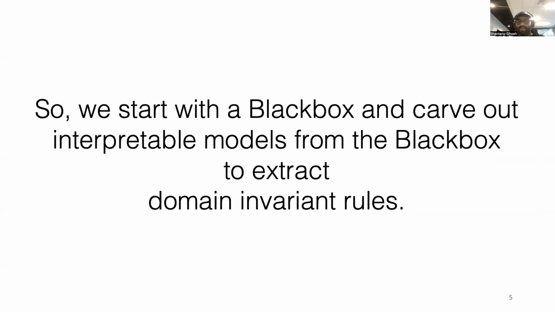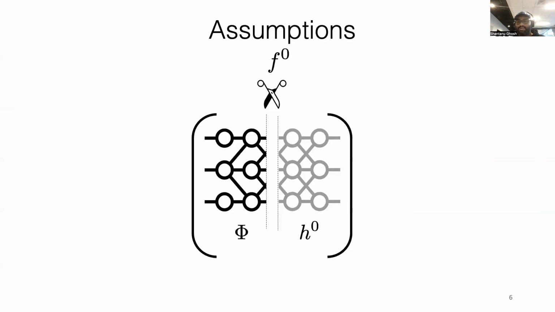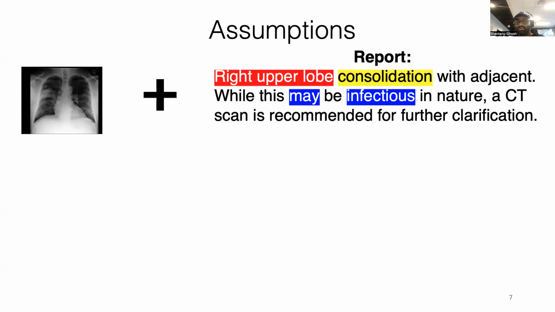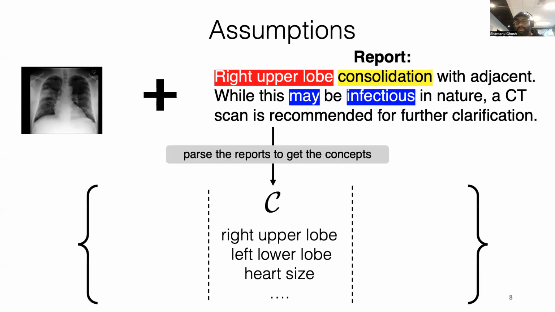So we start off with a black box and carve out the interpretable models from the black box to extract the domain-invariant rules. Our first assumption is that the black box is divided into a feature extractor, phi, and a classifier, h0. Also, in the training data, we have access to the radiology reports along with the images.